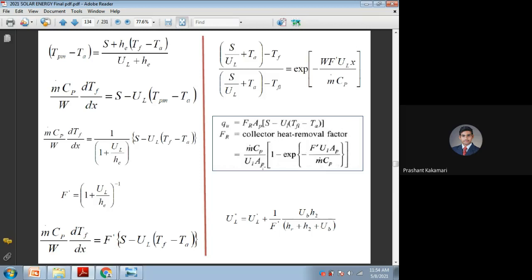So that area can be taken as the plate area or the collector area, into bracket 1 minus e raised to minus F dash UL AP divided by m Cp. So using this entire equation, one can find out the heat removal factor.